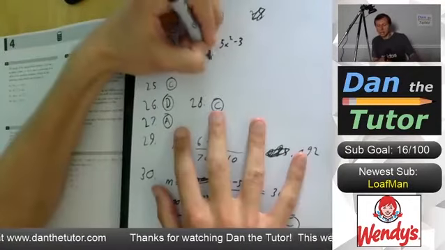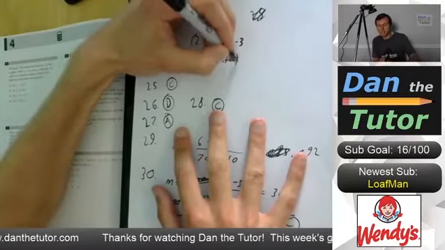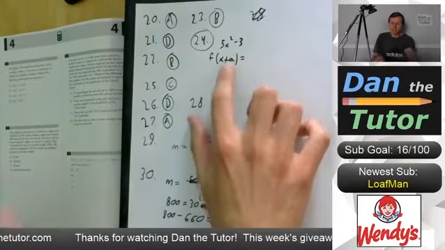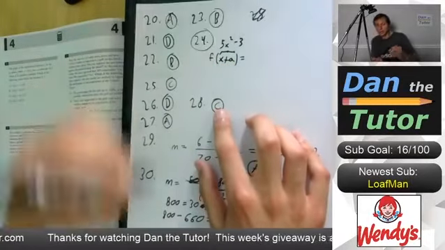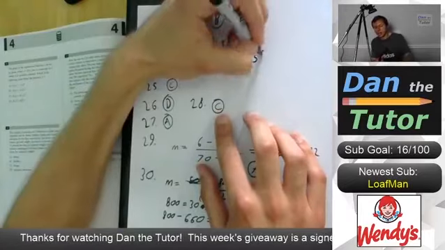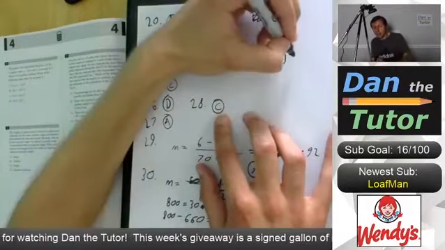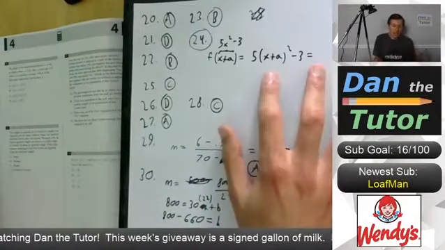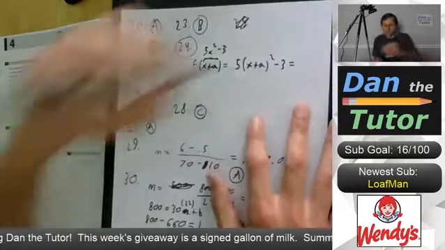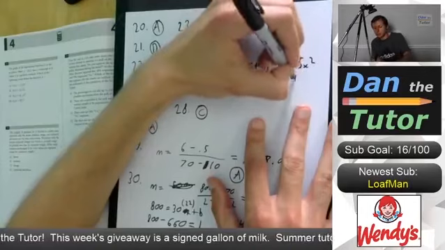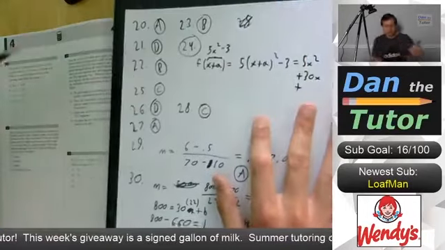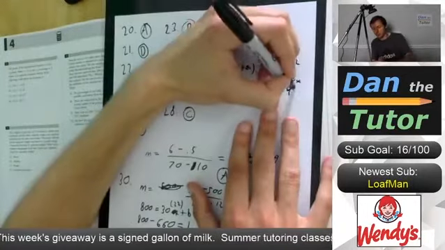We know what f of x plus a is because it's literally plugging x plus a into x. And so you get 5 times the quantity x plus a squared minus 3. And that's what's equal to 5x squared plus 30x plus 42.